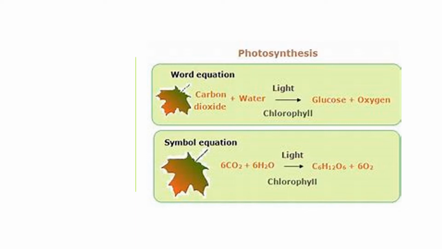The glucose made in photosynthesis can be used in many ways. It is broken down during respiration to release energy so that plants can carry out the processes of life. It is also converted to starch and stored in the leaf to be used at night when the plant is not carrying out photosynthesis.